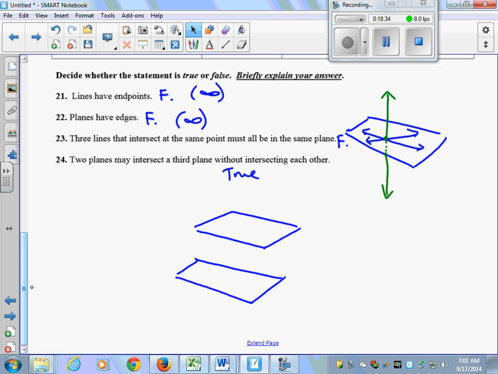And then a third plane can go through both of these, like this. So it's going through both of the planes, but these 2 planes are actually not intersecting each other.